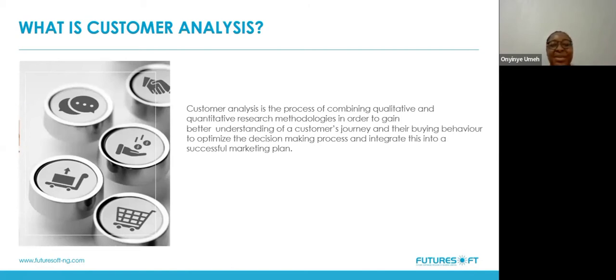But what really is customer analysis? What does it entail? In the basic sense of it, it's a way for businesses to collect both qualitative and quantitative data about their customers, in order to gain more understanding of their customers' journey and the behavior that informs that, in order to optimize the decisions that they make in their businesses.